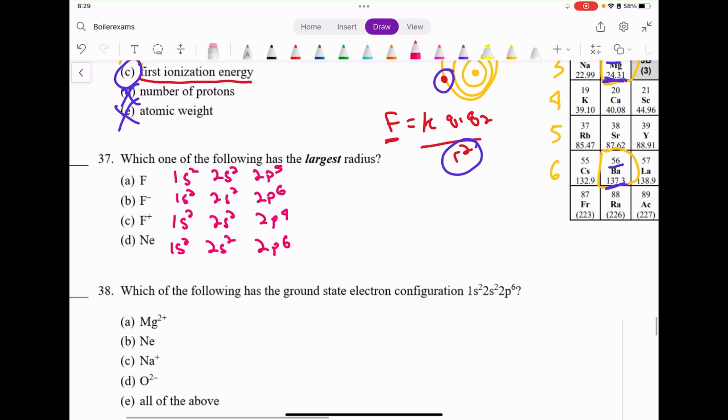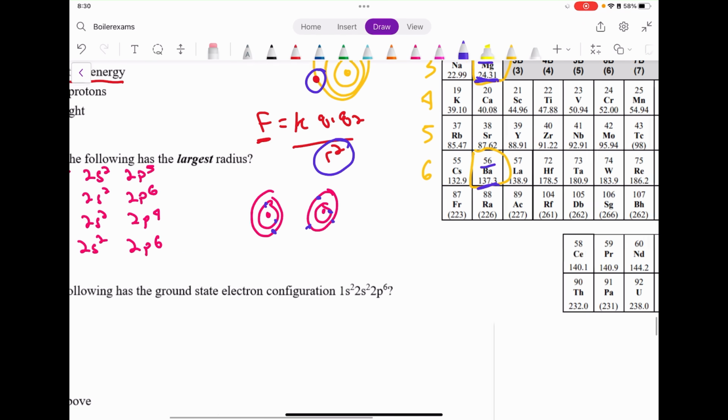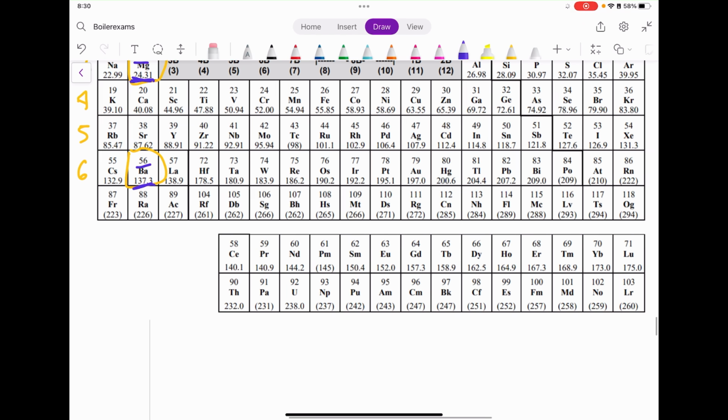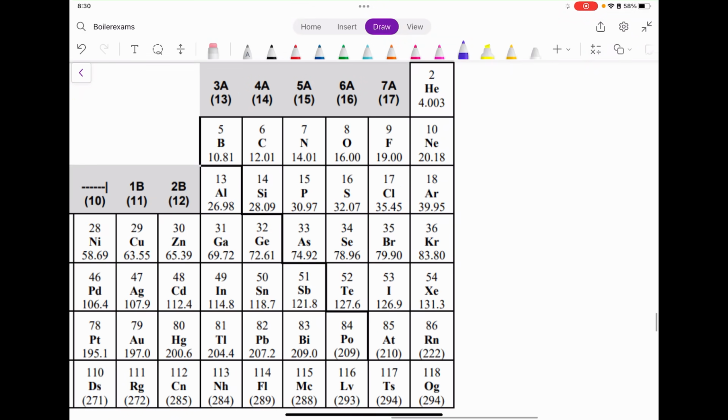Whereas before, often we compare how far away the electrons are to get us radius, answer choice B and D have the exact same electron configuration. The electrons are the same distance away. So the only governing factor that will impact the radius between answer choice B and D is which one has a stronger nucleus to pull in the electrons.